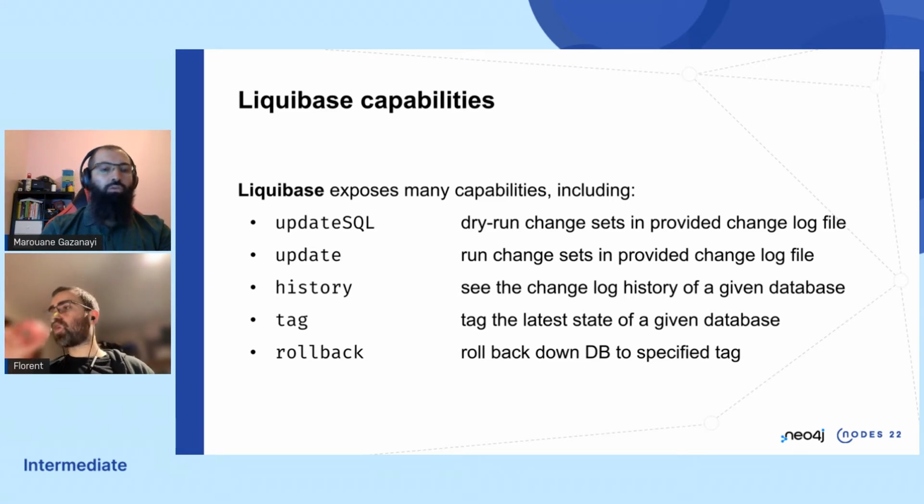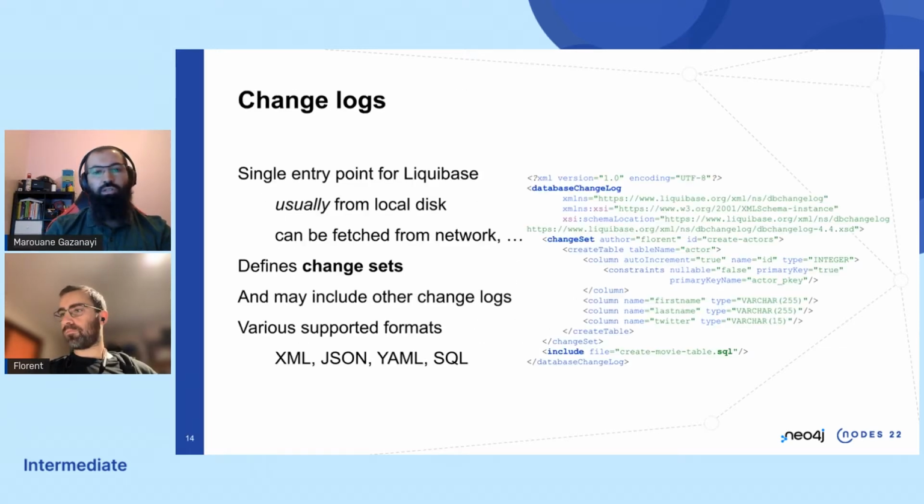Then you can go and run an update directly. You can have the history of all the changes on a given database. You can tag a state for your database and just start again from this state, etc. And you can, of course, roll back to a specific tag if you want to revert your changes.